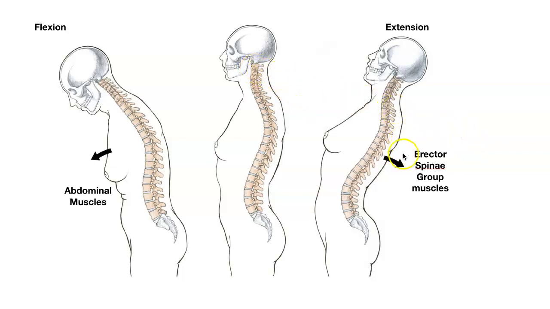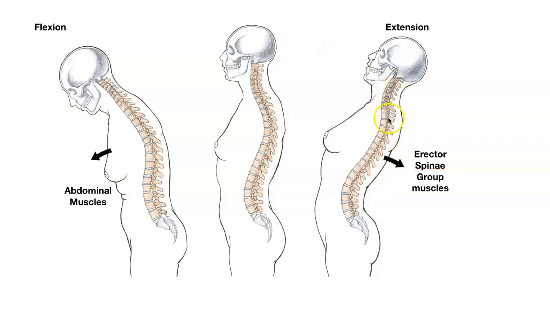There is this group of muscles that you hopefully have seen in your worksheet called the erector spinae group. These muscles are on the back. They are actually within the vertebral column. So these erector spinae group muscles, they are deep, deep back muscles.